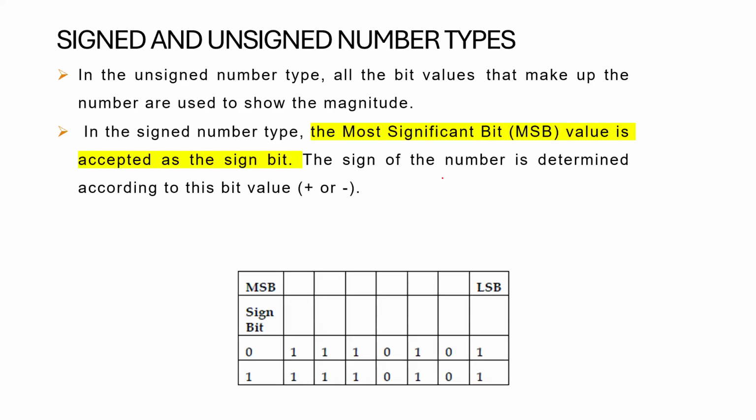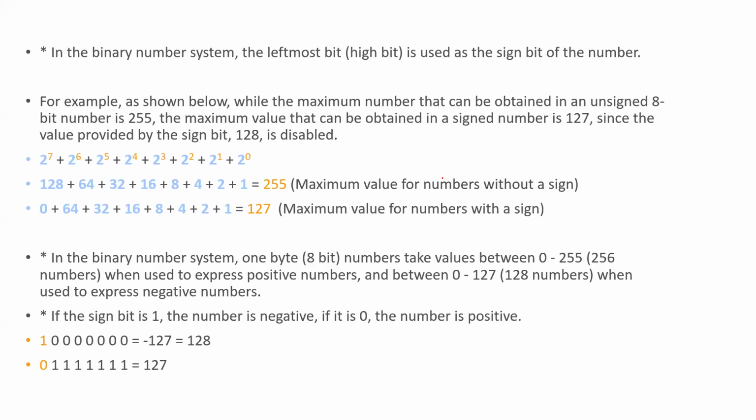Okay, so this value is defining our sign structure. It can be a negative number, it can be a positive number. So it depends on this MSB's value. In the binary number system, the leftmost bit, the MSB, is used as the sign bit of the number.